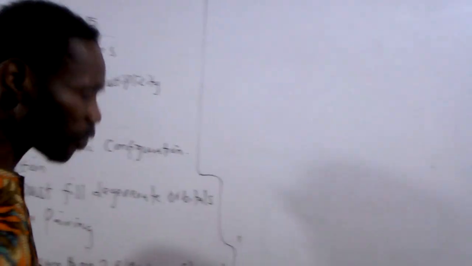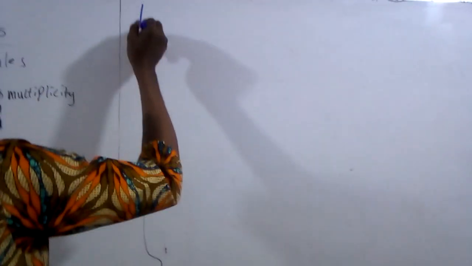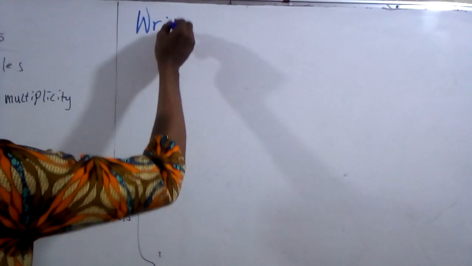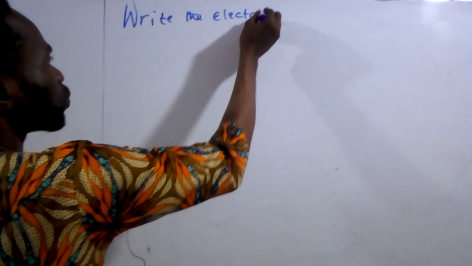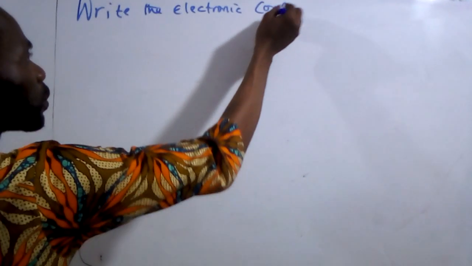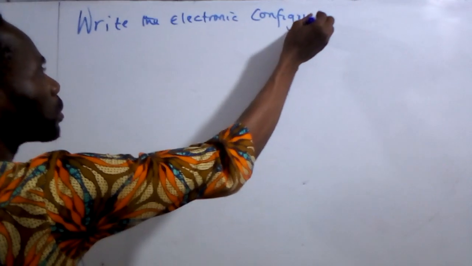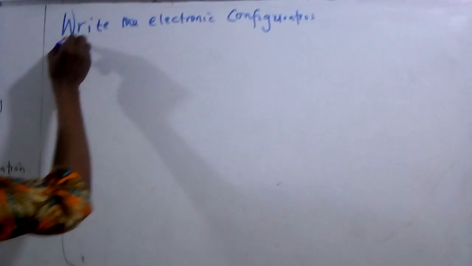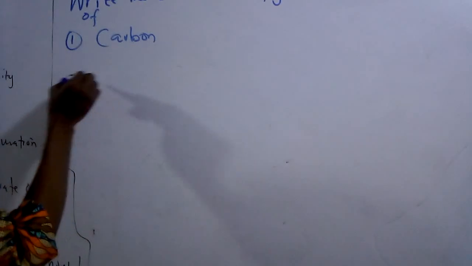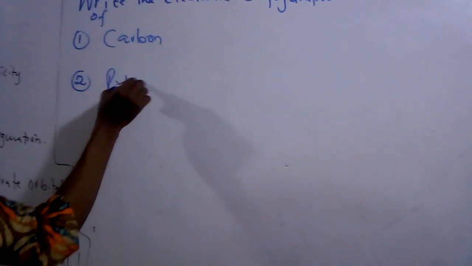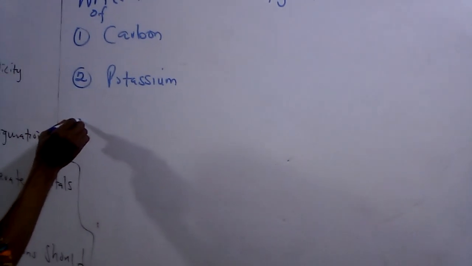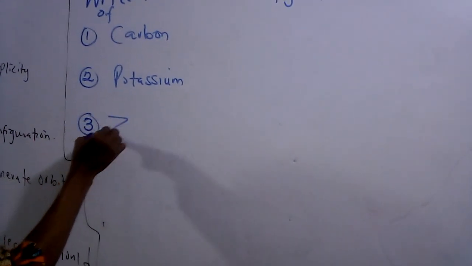Write the electronic configuration of number one, carbon; number two, potassium; and number three, the atom zinc.